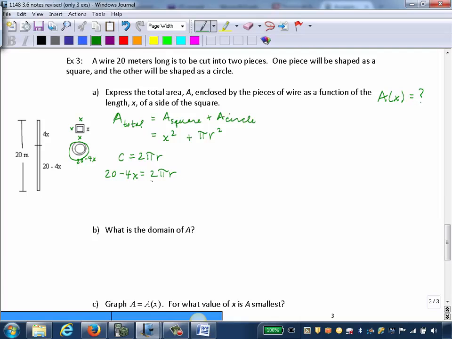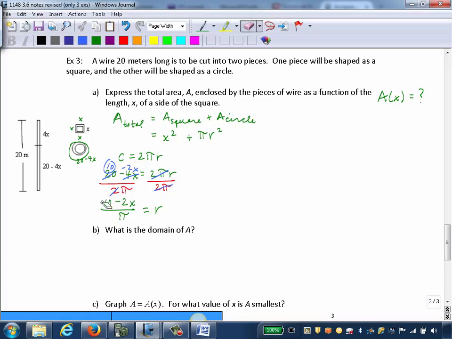So if I divide both sides by 2 pi, we can reduce now over here, all these are divisible by 2, so I can divide out 2 here, divide 20 by 2 and get 10, divide 4x by 2 and get 2x. So that leaves me with 10 minus 2x over pi equals, and here our 2 pi's divided out, equals r.